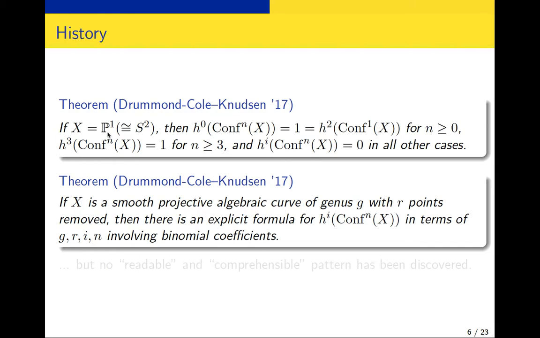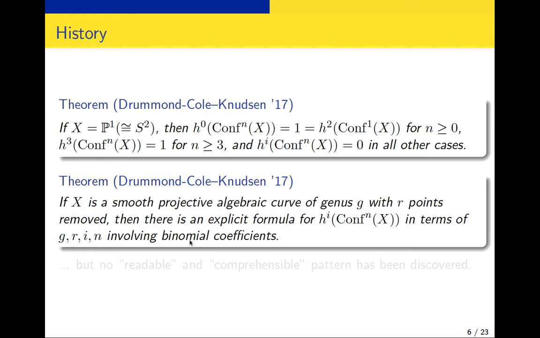So if it's the genus zero case with no puncture, then there is also a result about the Betti numbers of configuration space. And in fact, there are explicit formulas whenever X is a smooth projective algebraic curve with certain genus, with certain punctures. And the explicit formula will be in terms of binomial coefficients and many case-by-case things.